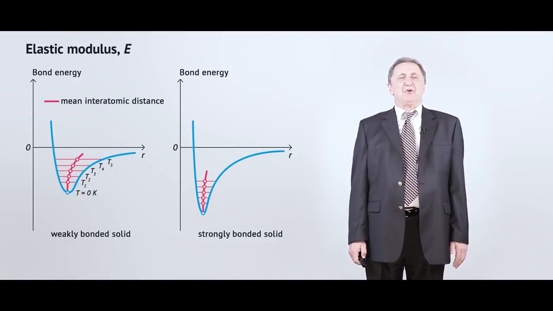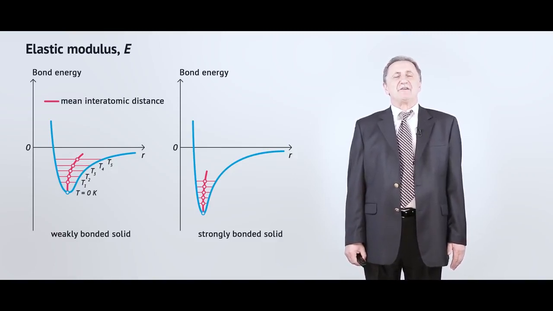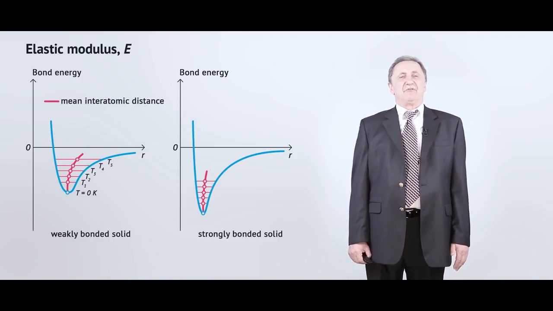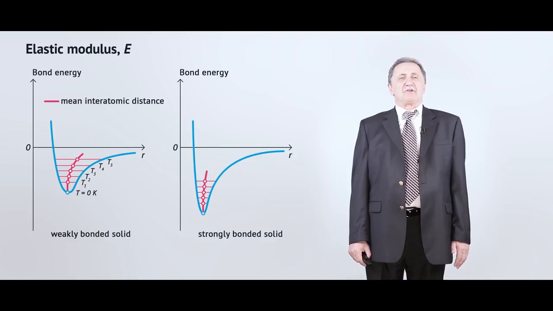And so it's easy to understand why the coefficient of thermal expansion will be much higher for the weaker material than for the stronger material.